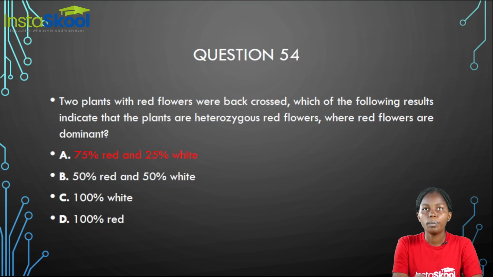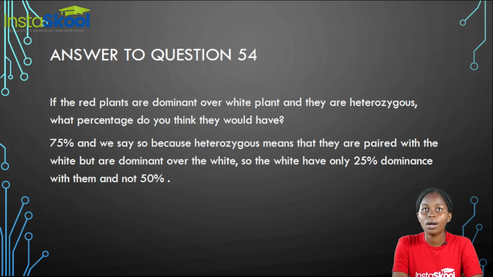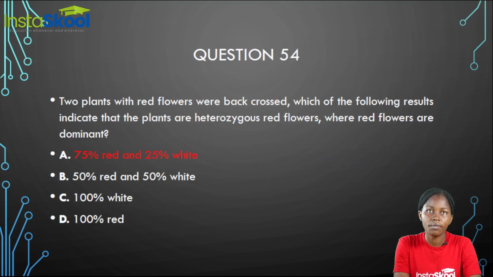Two plants with red flowers were backcrossed. Which of the following results indicates that the plants are heterozygous red flowers, where red flowers are dominant? Now we see that red flowers are dominant over white flowers.